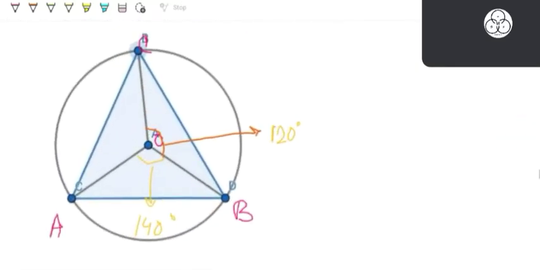We need to find angle ABC. For that, let's find this angle. What will be this angle? The total angle around a point is 360 degrees.